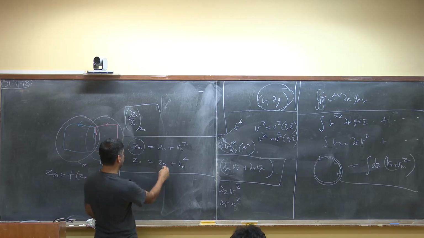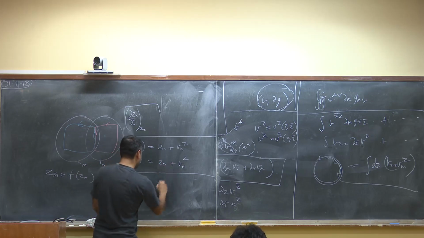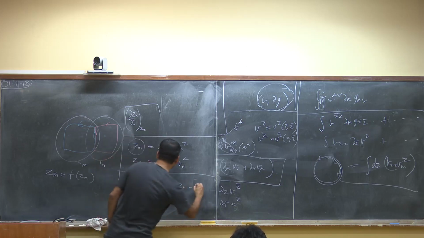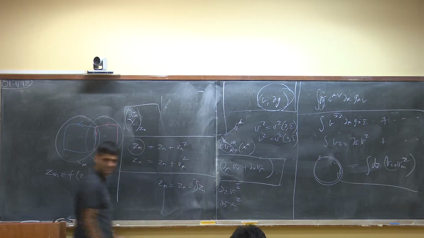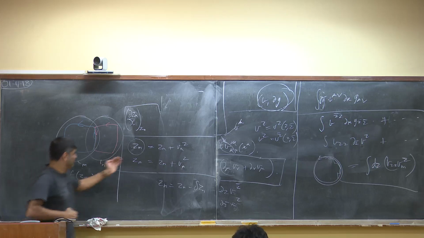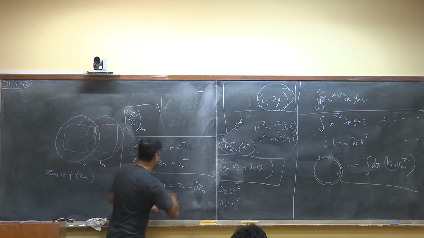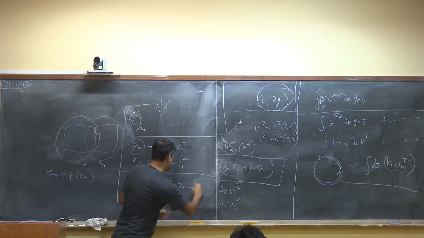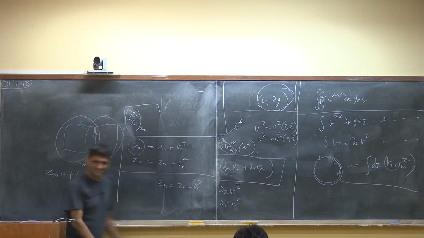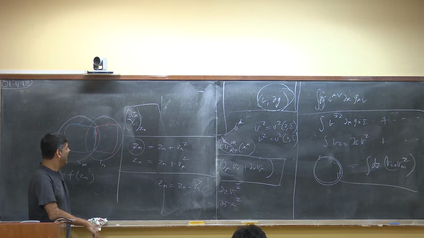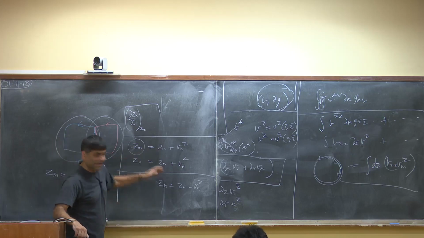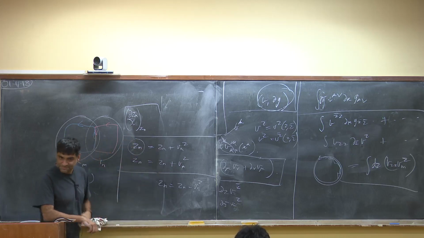Suppose I evaluate things at Zn equal to the old Zn minus delta Zn, so that my Zn doesn't change, minus this Vn of Z. Then I want to see how much this Zm has changed.